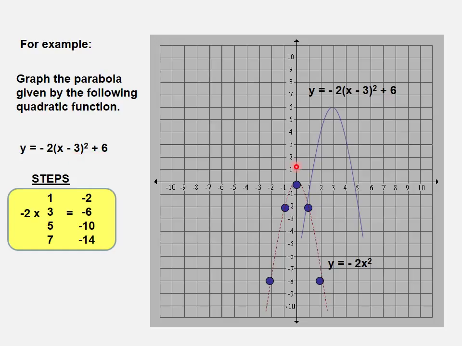So we could have started here at the vertex, 3, 6 right here. And then we could have applied the steps from there. So notice we could have gone over 1, down 2, over 1, down 6, and so on. And then left 1, down 2, and then left 1, down 6, and so on. So we could have done it in two different ways.